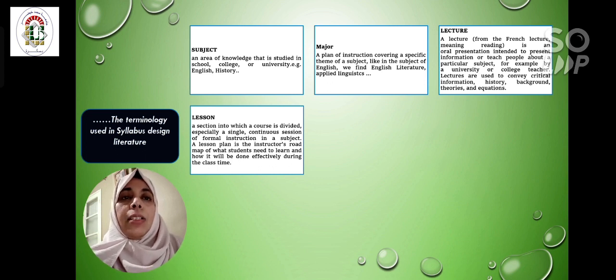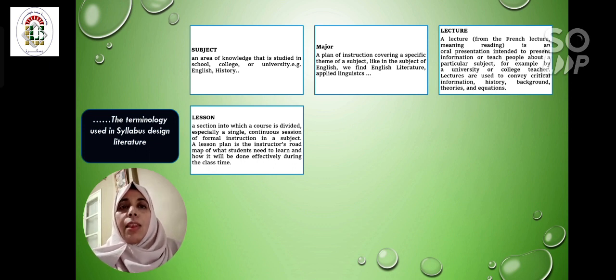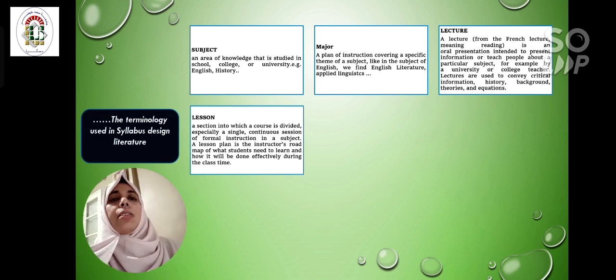A lesson plan is the instructor's roadmap of what students need to learn and how it will be done effectively during the class time. So it is a continuous session of formal instruction in the subject, where the instructor has a roadmap of what students need to learn and how it will be done effectively, meaning they will have to take part in this lesson.